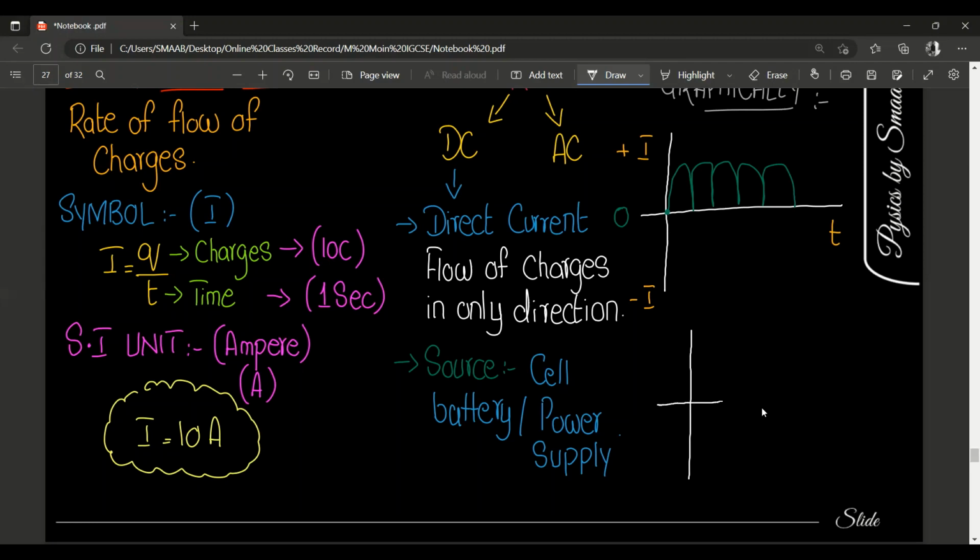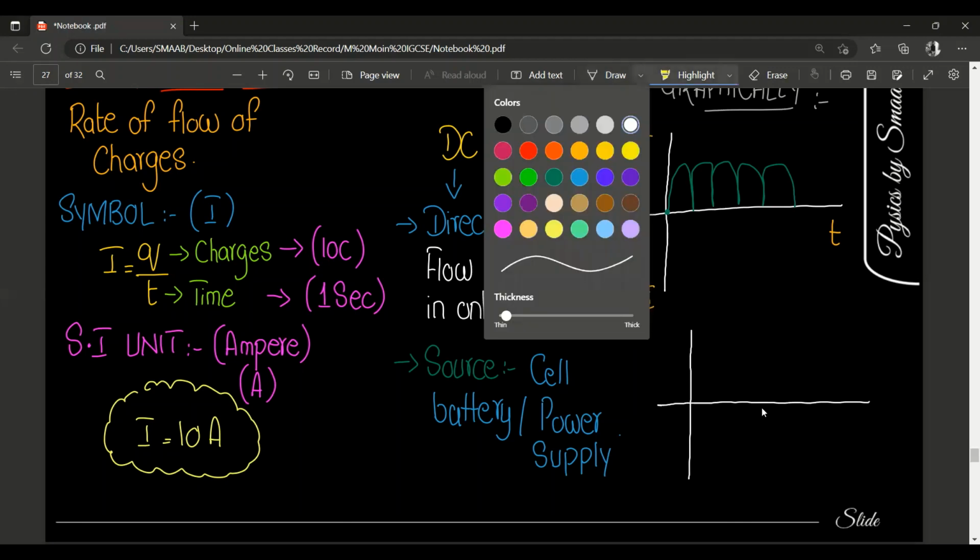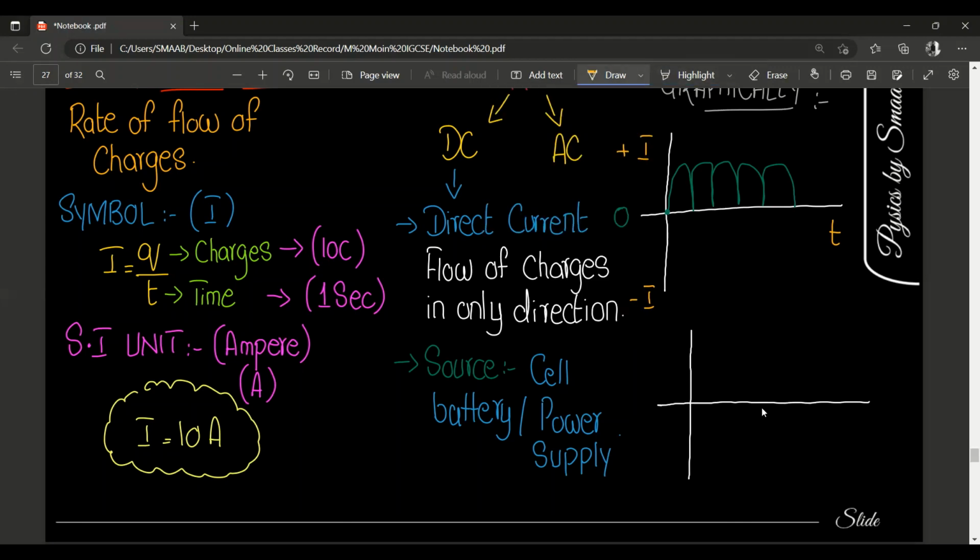So at that time, the cell and the battery both have the same ampere. Yes, because there is a fixed value, we cannot change the value according to our wish, because the cell is already completely designed. We cannot change it according to our willing. We can only change the value of current and voltage with the help of a power supply, because a power supply has an option just like the regulator of the fan, that we can increase the speed of the fan or decrease the speed of the fan, right?